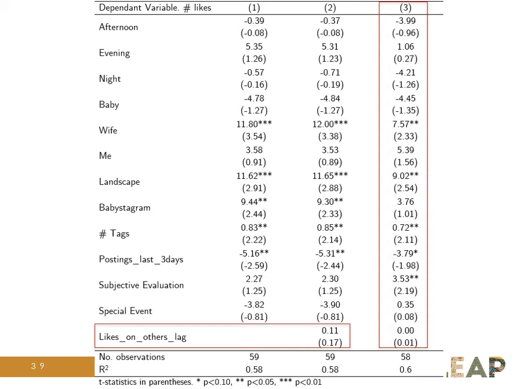Now the effect of babystagram is gone. There are no stars on the coefficients of babystagram, right? That means that it does not always work. Having a specific kind of hashtag does not always work, but it works only very seldom. So it's an outlier effect, which means it can't be generalized. But other things like having wife, the frequency of postings, or having landscape are still significant.